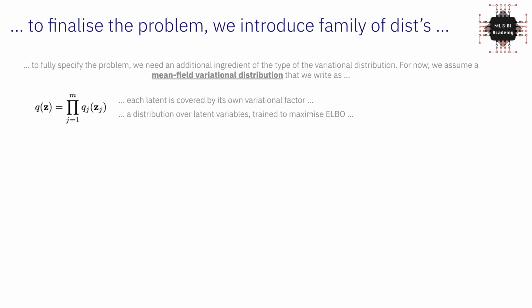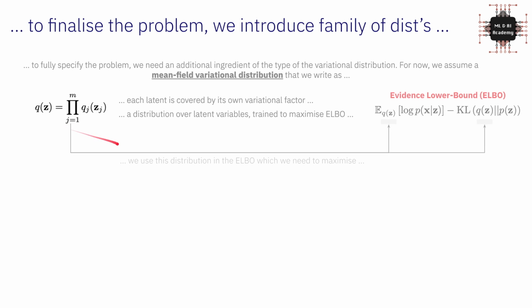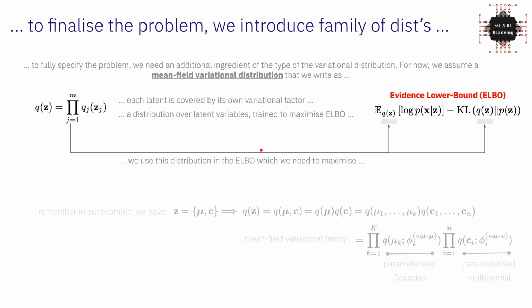Now that assumption is interesting. However, there are a lot of works today trying to get rid of that assumption because in a sense it can be restrictive. We will dive into these later. But for now, the idea is that you will use your ELBO, your evidence lower bound, and instead of this Q of Z, we will assume our mean field variational distribution, and we will use that to maximize the ELBO.